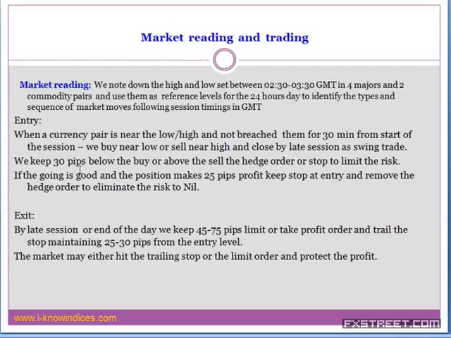Then do not take unlimited risk. Because if we use the stop, we lose the position. Instead, we can use the hedge, and we can make use of the hedge to trade the other way also.